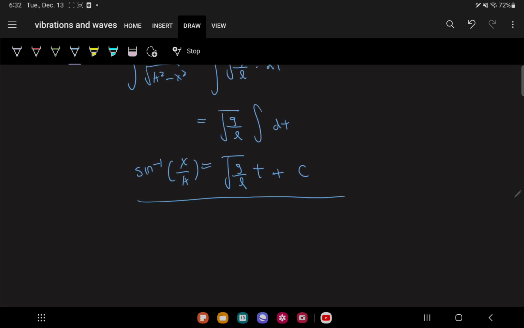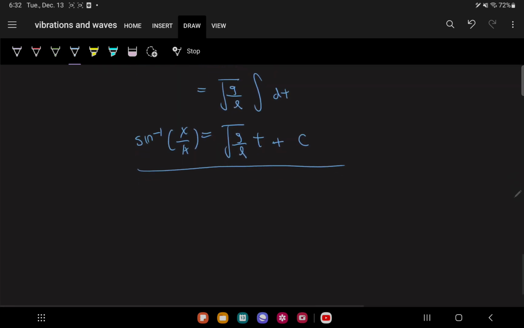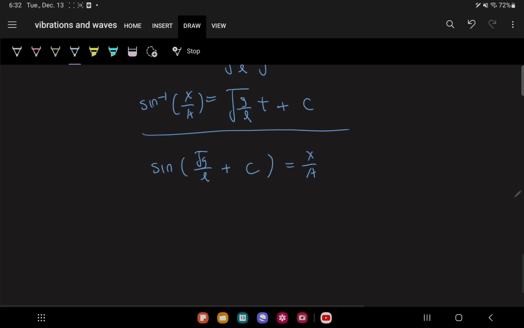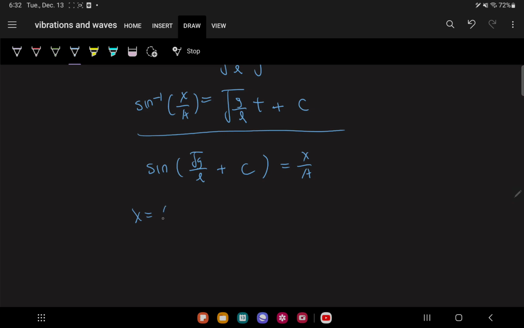So you obtain this by integrating both parts. Now, if you want to get rid of the inverse sine, you just move this whole thing inside. So this becomes x over a plus c, or x is equal to a sine of the square root of g over L times t plus, let's call this c, the phase angle.